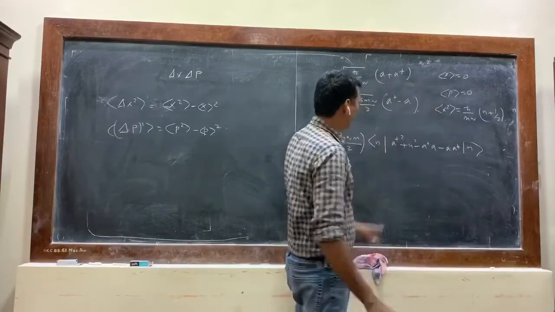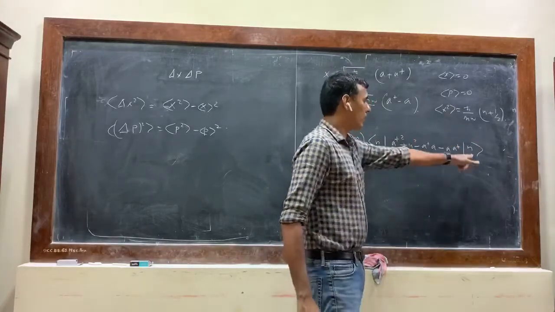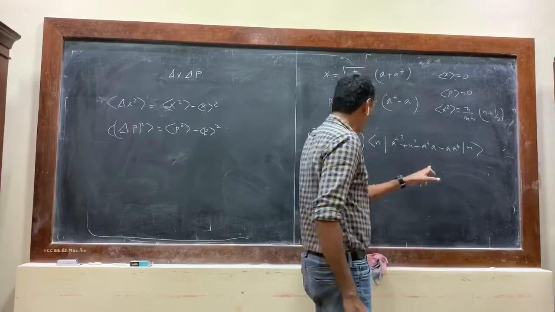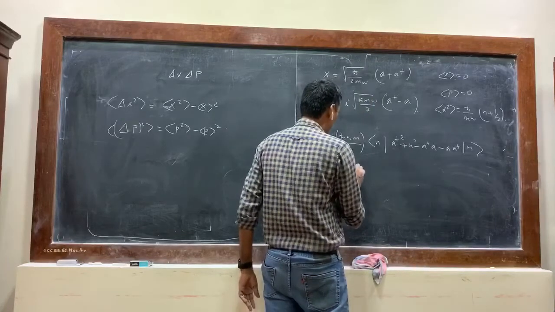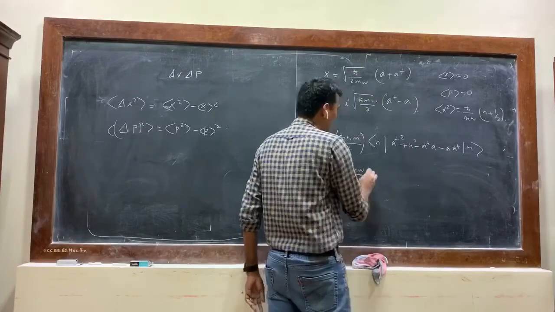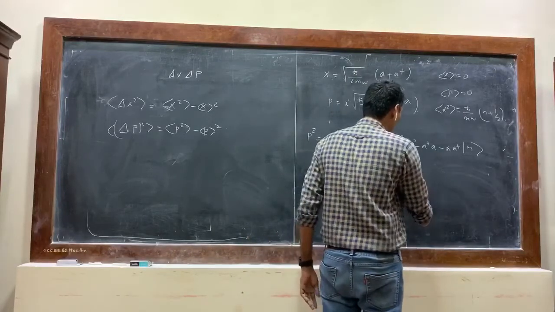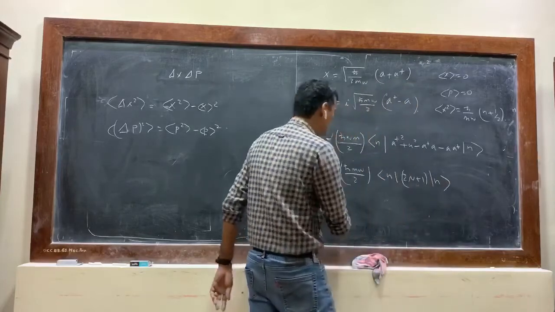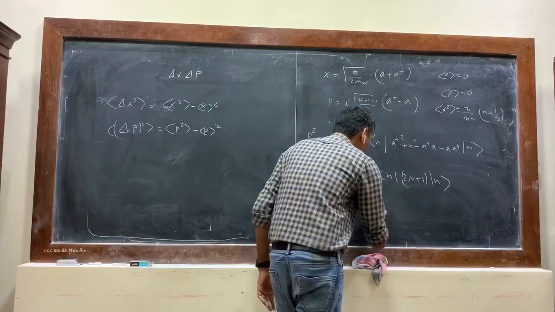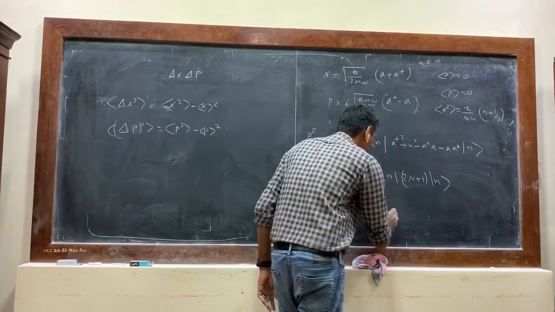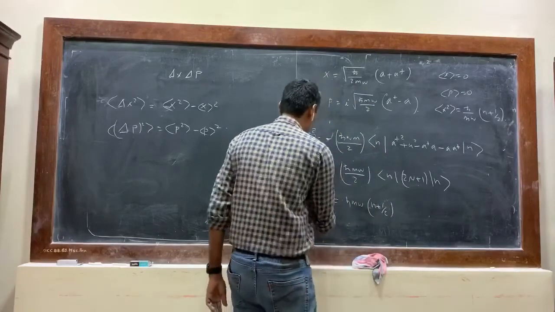Again, as I told you earlier, a dagger square will take n to n plus 2 state, so that won't contribute. A square will take it to n minus 2 state, that will also not contribute. The only contributing terms come with a minus sign, and this minus sign cancels the other one. So h cut m omega divided by 2 into 2n plus 1, which is equal to h cut m omega into n plus half. This is the average value of p square.